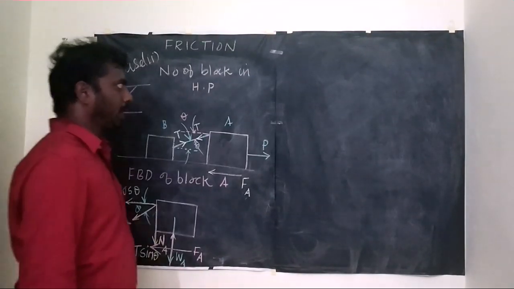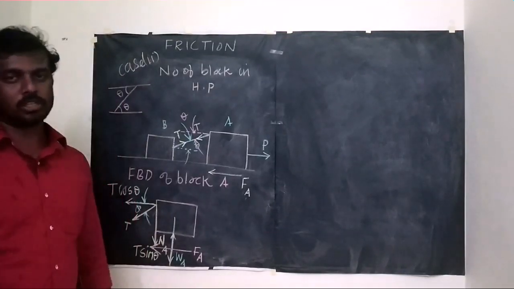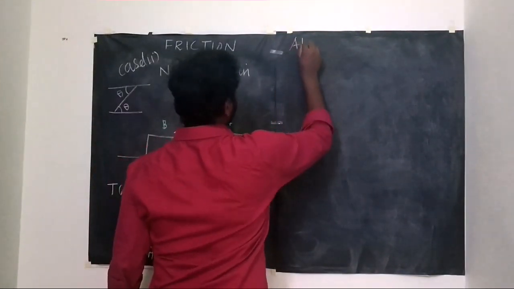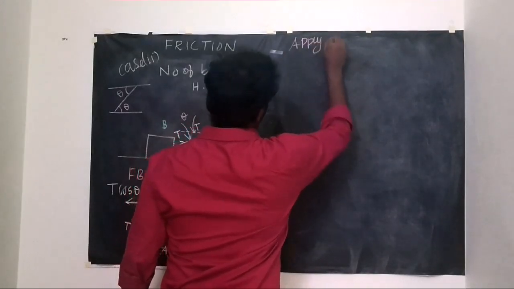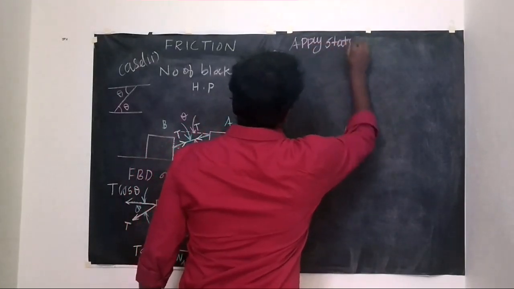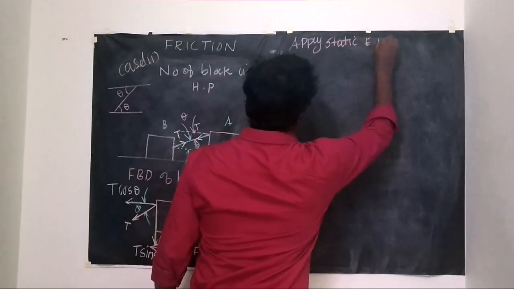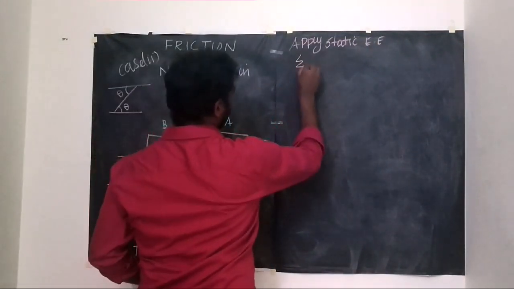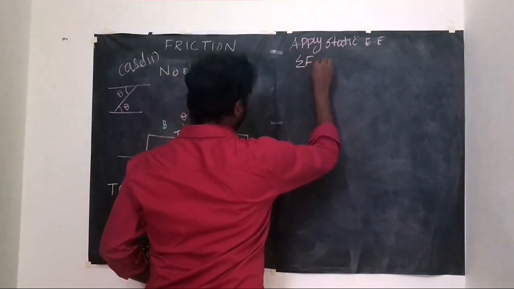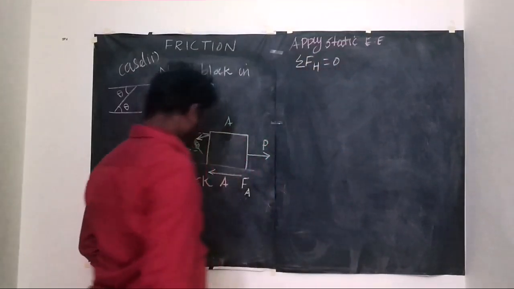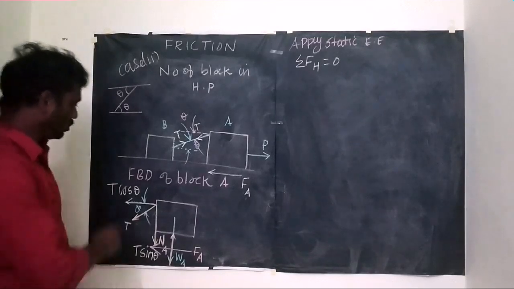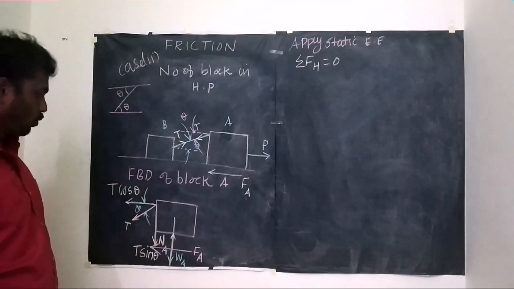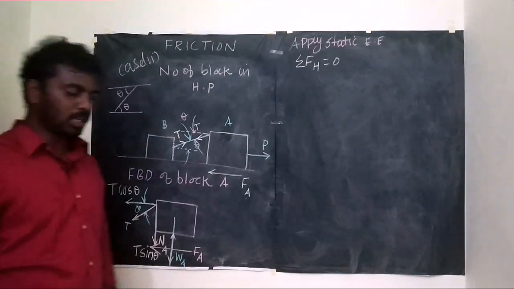Now I am going to apply the static equilibrium equation to calculate the unknown value. Sum of horizontal forces acting on the system equal to 0. Here we have this component and the limiting friction force in the horizontal direction.